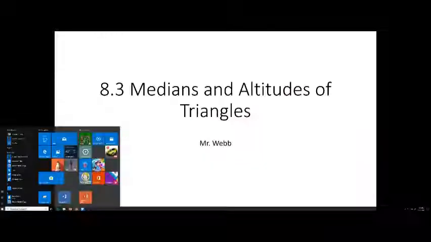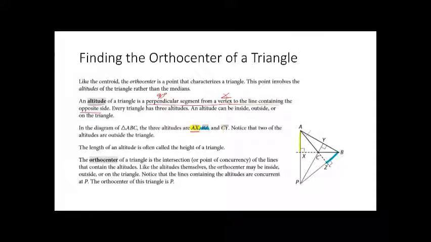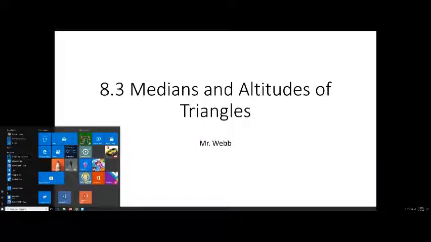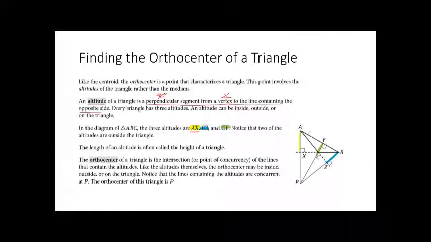And then CY is right here, and it's actually inside the triangle, so that's good to know. And notice how AX and BZ are on the outside of the triangles, okay? They can actually exist. Altitudes can be inside, outside, or on the triangle. That's a little fun fact because they really just care about the vertex and the whole perpendicular segment, okay?